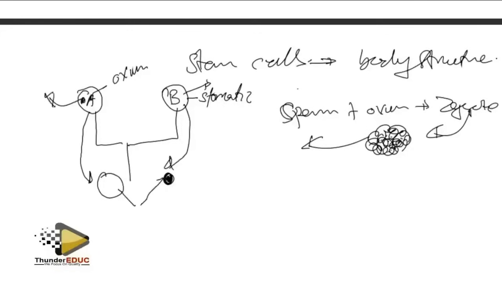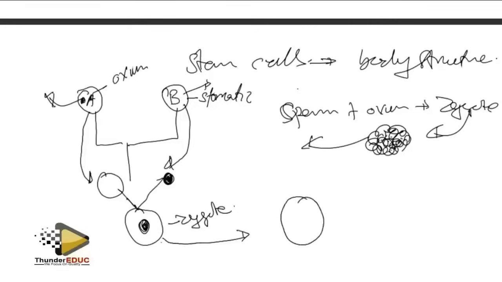I fuse them using an electrical method, and then I form a cell which looks like a zygote. Now, this zygote, I put it into another animal, a foster mother animal.